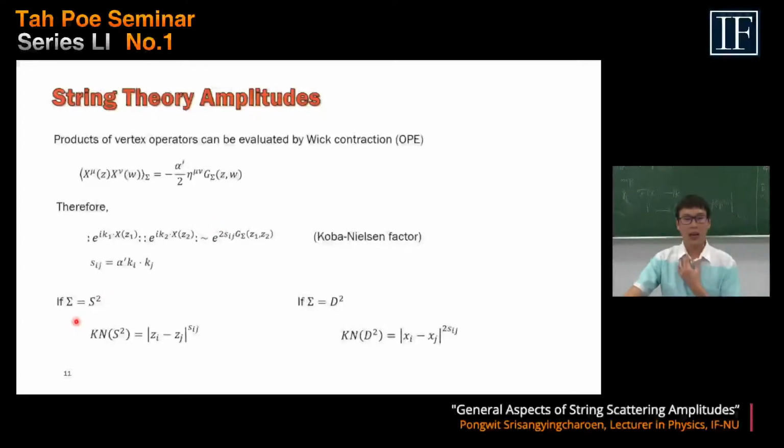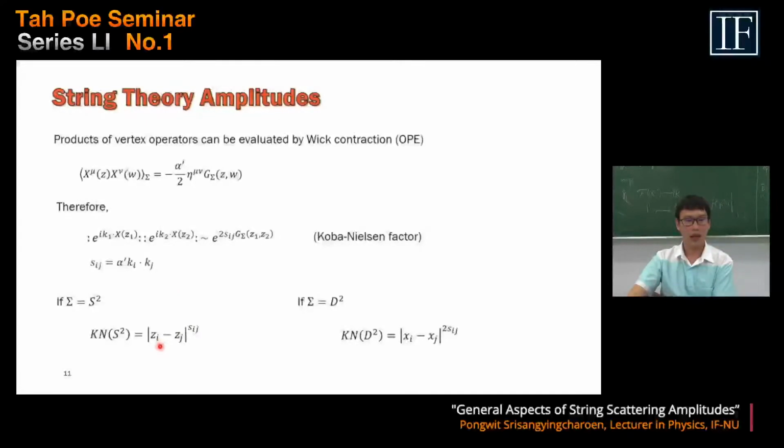Okay, for the topology, if our worldsheet has the topology of the sphere, the Koba-Nielsen factor turns out to be simply the absolute value of Zi minus Zj to the Sij, where Z is basically the complex variable of the complex plane, because we can project the S2 on the whole complex plane plus the infinity point.